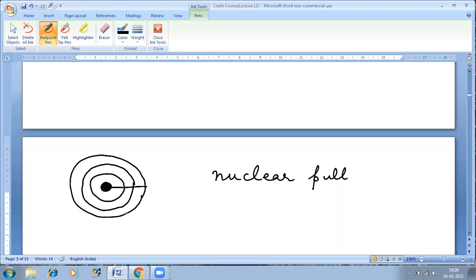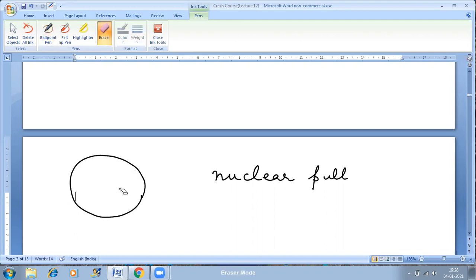Just like the radius of a sphere or the radius of a circle in mathematics. More the radius, larger is the size. So if I go on increasing the number of shells, then definitely the size will keep increasing. So remember that the number of shells will determine the size or the atomic radius.